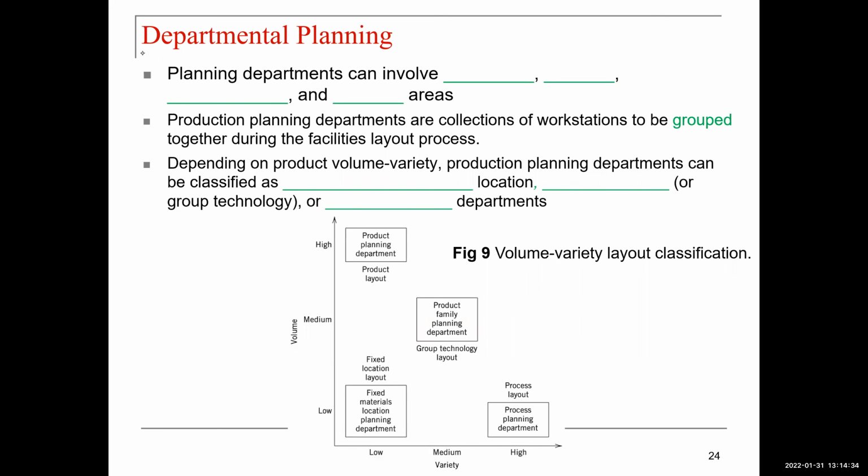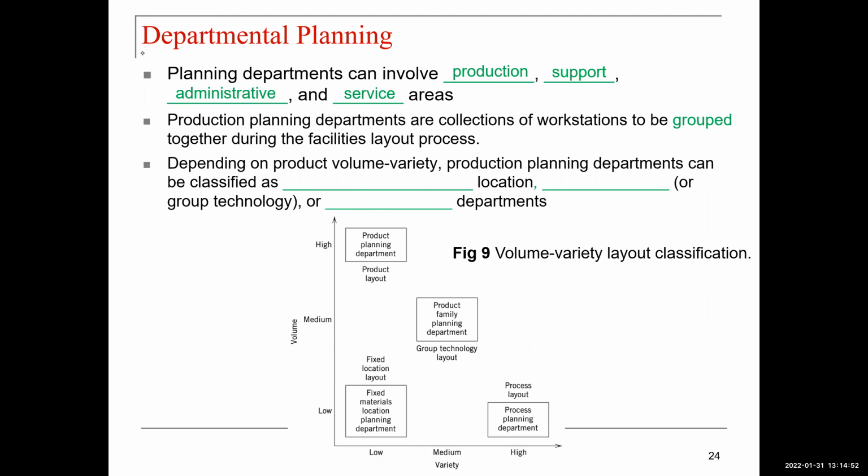Planning departments can involve production, support, administrative, and service areas. Production planning departments are collections of workstations, right? We talked about the design of the workstations to be grouped together during the facilities layout process.